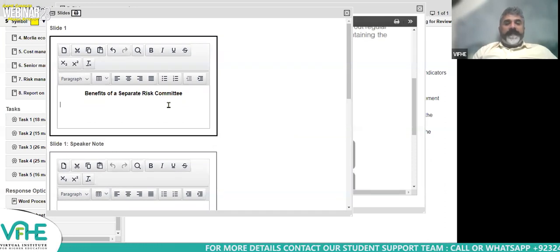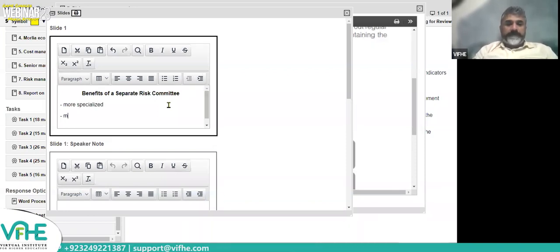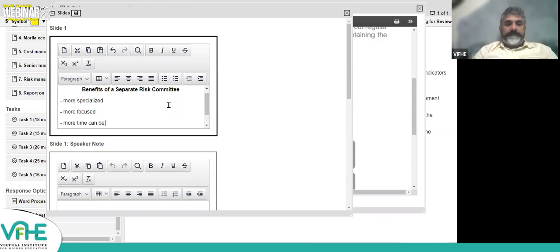Can you think of any benefits? Recall from yesterday. You agree?